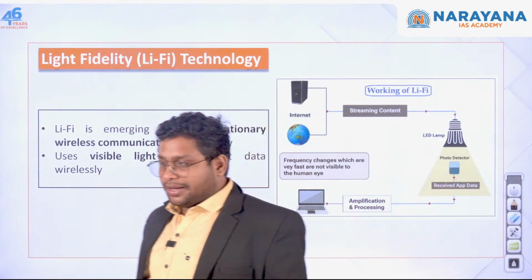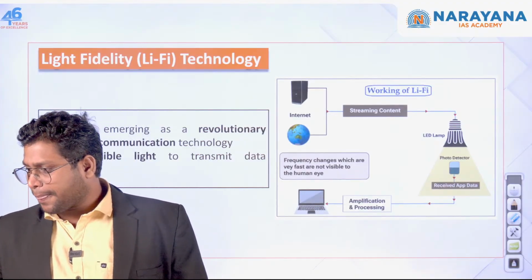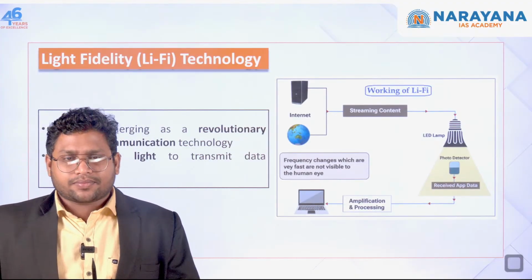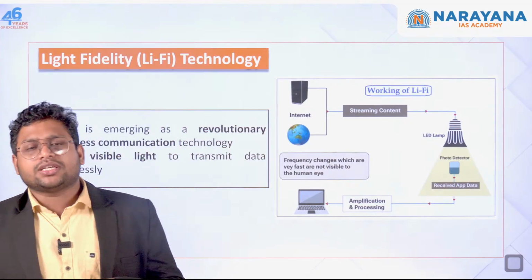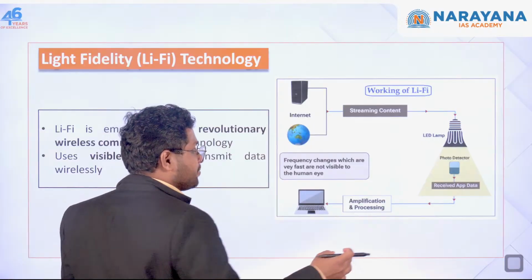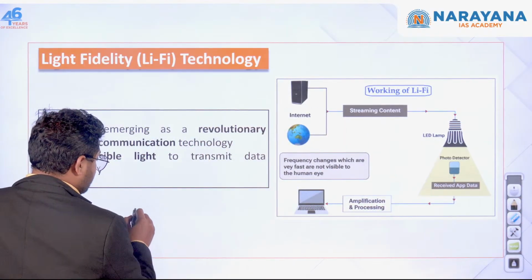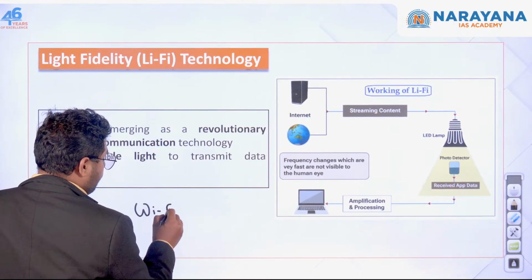Li-Fi is a very emerging kind of technology. See, there's one way you can get access to the internet and communicate with people using wired communication. You use wires, and there's the other way, wireless. Now, Wi-Fi we all know, it's very common nowadays. Everyone is using Wi-Fi.